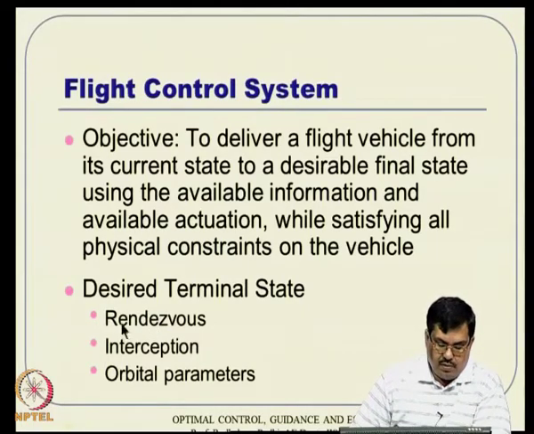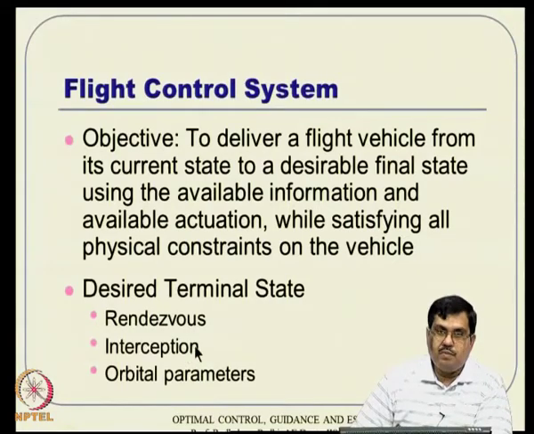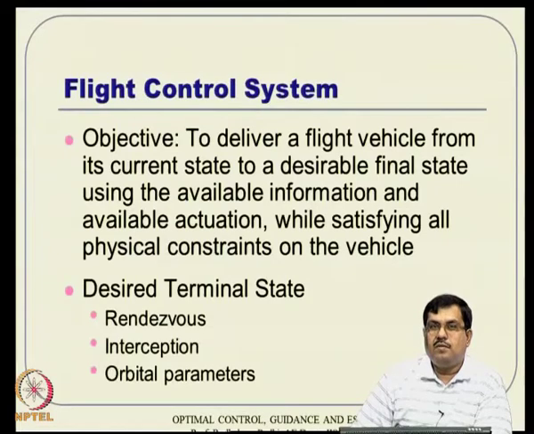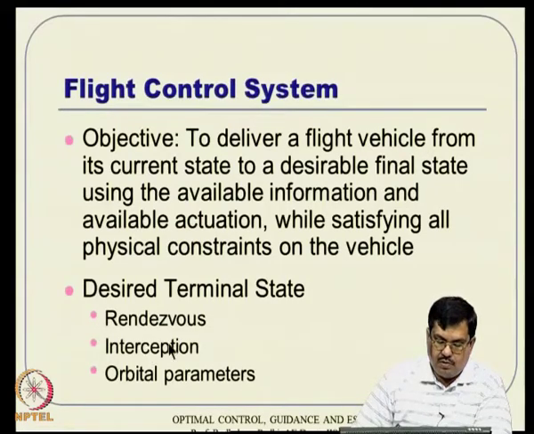Then there is interception, which is what we are largely interested in this lecture, to nullify the target with appropriate interception. That means the relative velocity should be as high as possible, while the position vector should be 0.